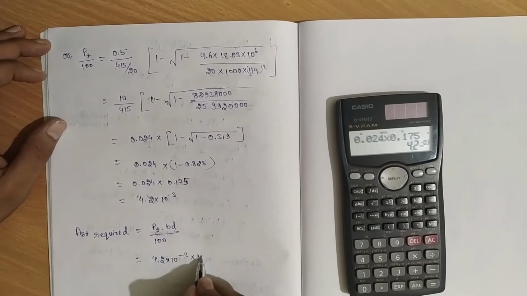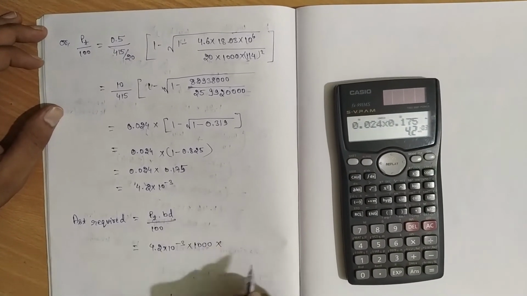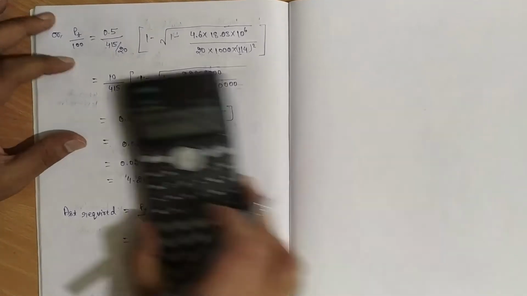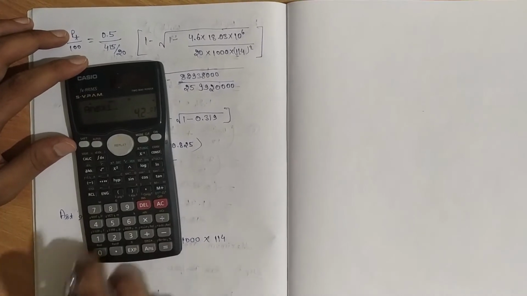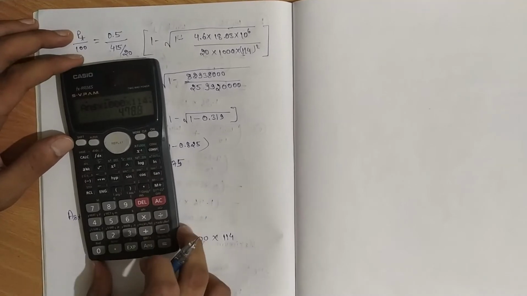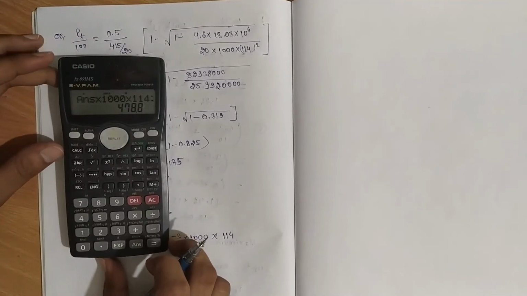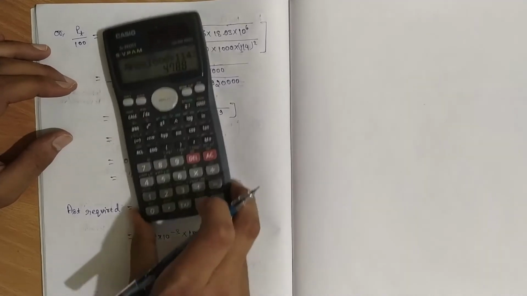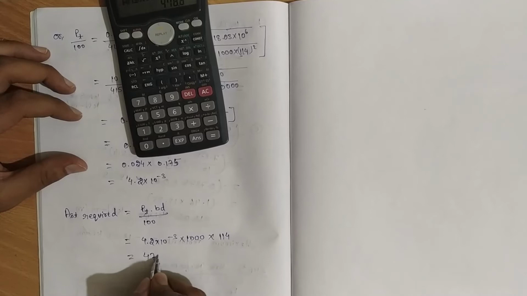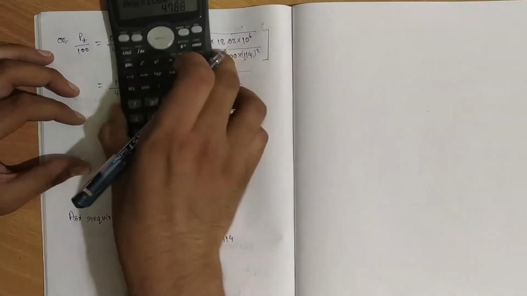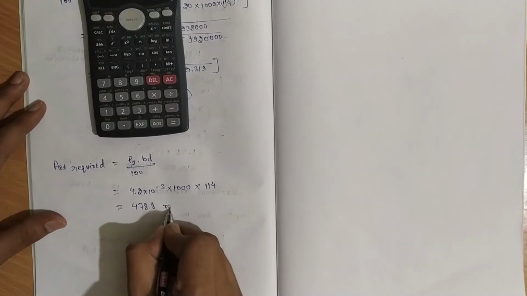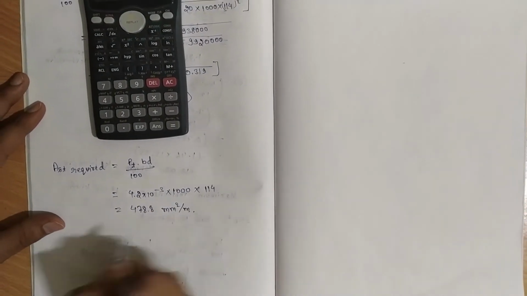Then B is 1000 and D is 114. Right. Now I will just multiply all the things. So it's 478.8. Yeah. So this is our 478.8 mm square per meter.